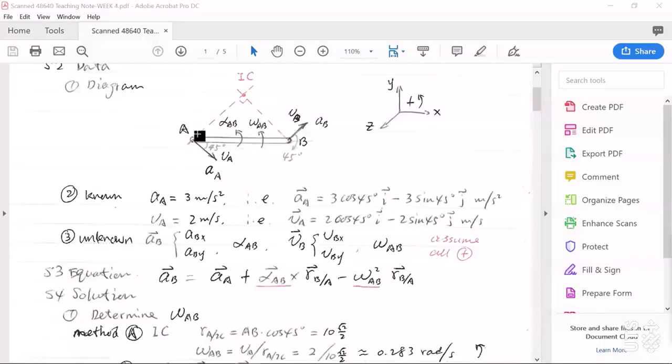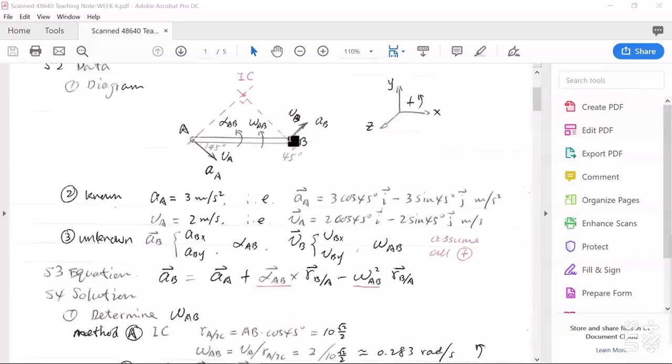Here in this diagram, you can see we know the direction of VA. We know the direction of VB; it must be parallel to the inclined plane. So I can draw one line going through point A and perpendicular to VA.